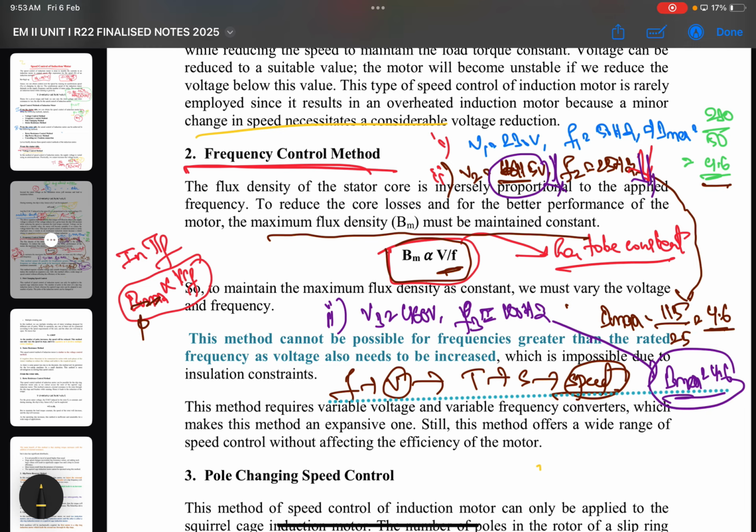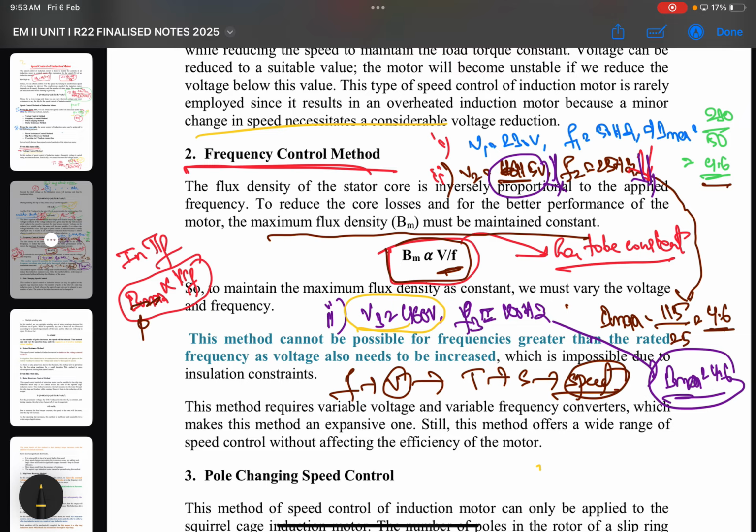But again, you can see that voltage is increasing. When voltage increases, what happens here? The direct relevant term is insulation. When voltage increases, insulation gets affected, and insulation failure will take place.